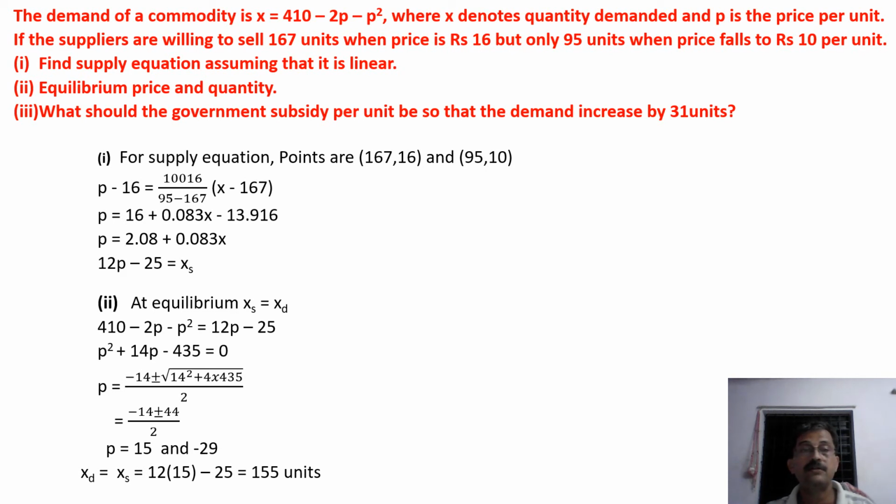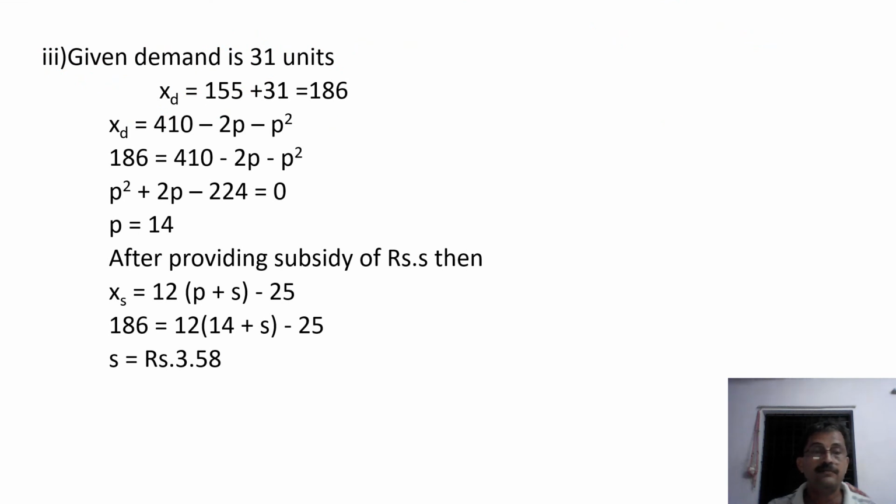To answer the last part, if the demand increases by 31, so if our demand is 155 plus 31, then xd becomes 186. So xd taken equal to 186, p equal to 14. Suppose after providing a subsidy of rupees S, we get xs is equal to 12p plus S minus 25. So to get the subsidy here, S is equal to rupees 3.58.